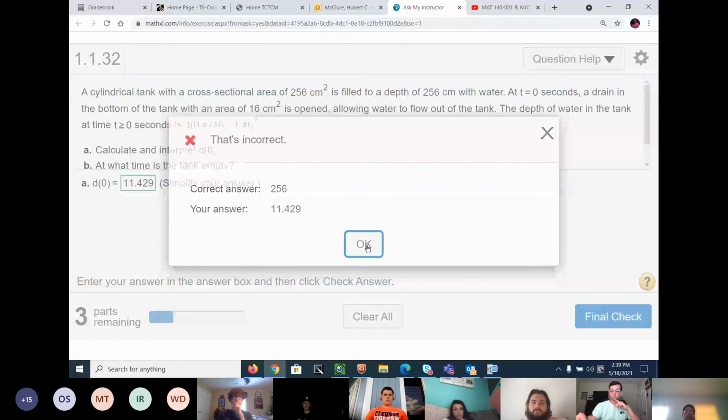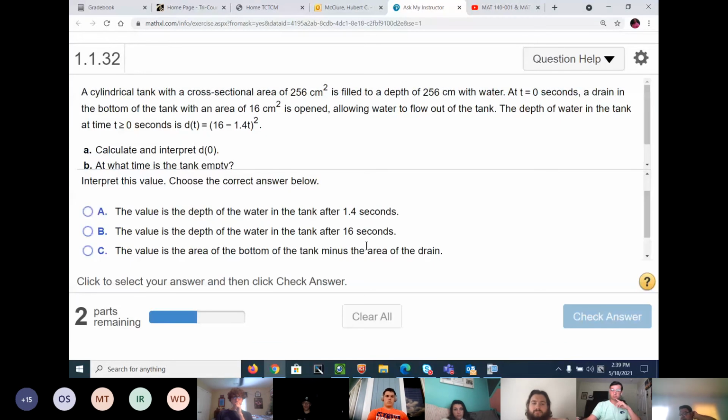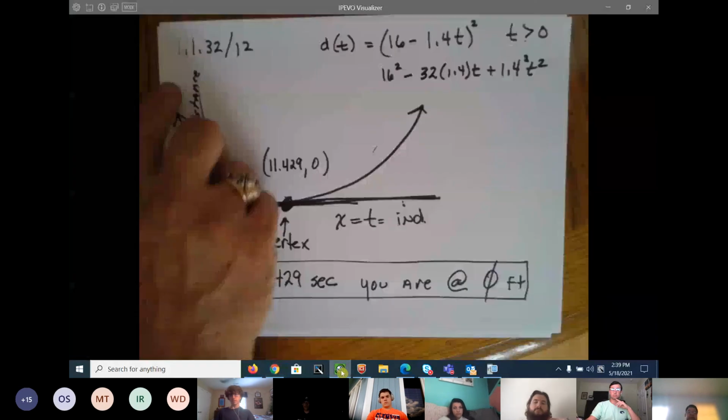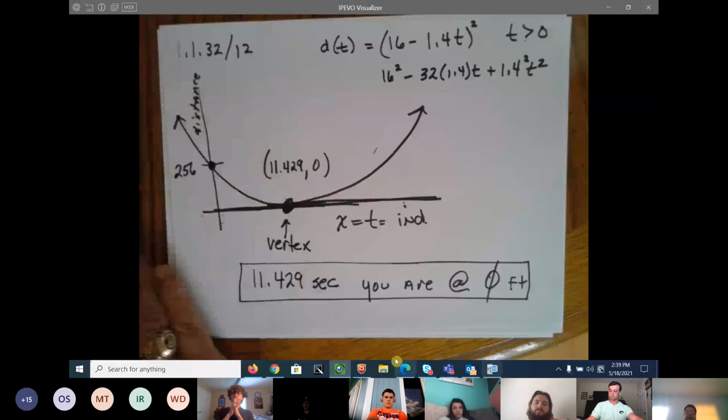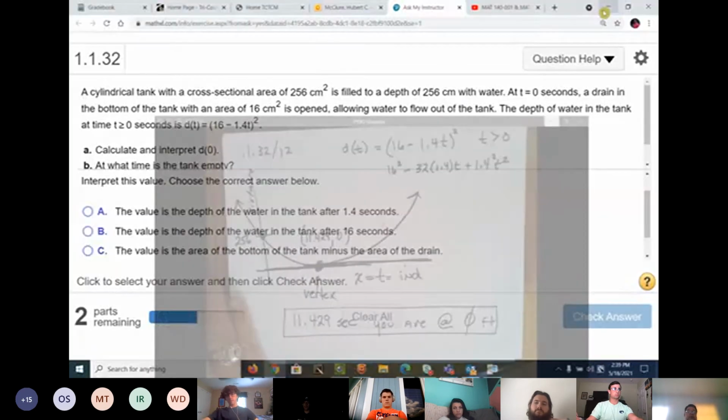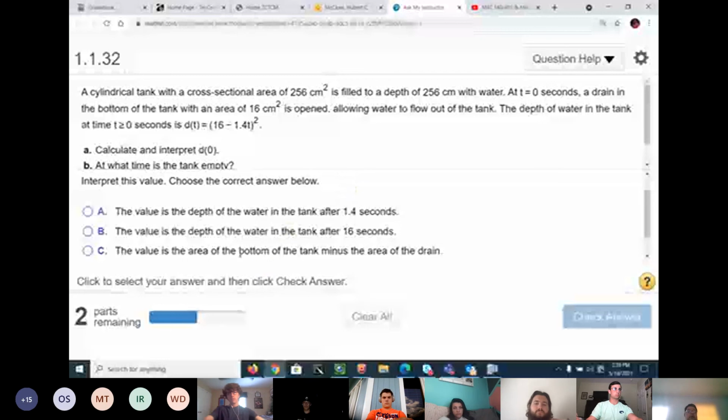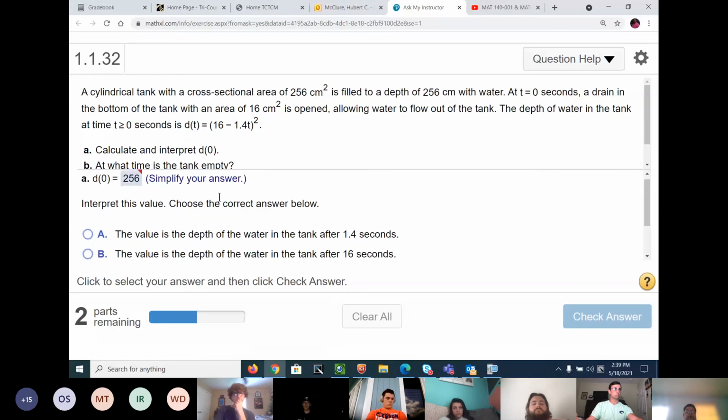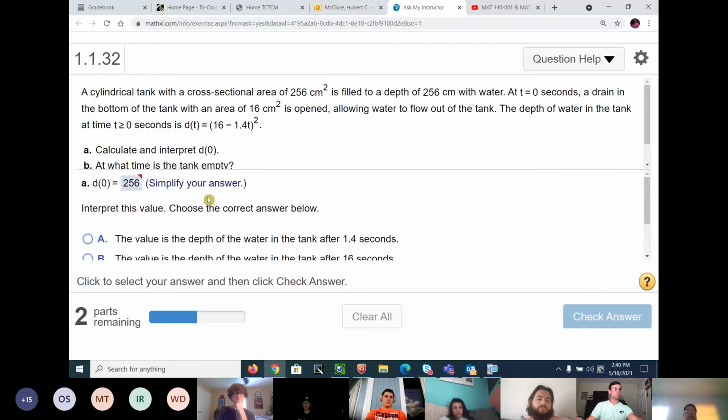Oh, they want the y-intercept right there. I'm sorry. We got that right here. I didn't read the question. There's the y-intercept, 256. I thought they were wanting the vertex. Let's see if they want the vertex now. Okay, interpret this value. Well, there's 256 feet of water at the initial drainage.